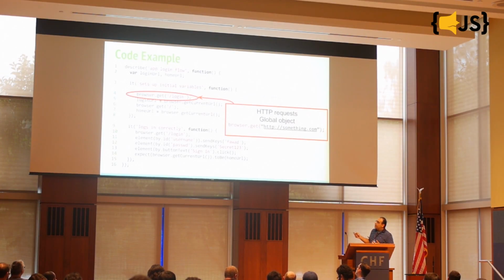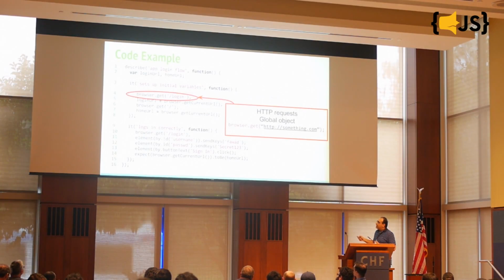We can use the it keyword that's used for tests and use it like a beforeAll or a beforeEach function. As long as we don't include an expect clause within this block, this will behave like a beforeAll or beforeEach function. So here I'm actually populating the variables login URL and the home URL. And then in lines 9 through 14, I am performing a test based on those variables.